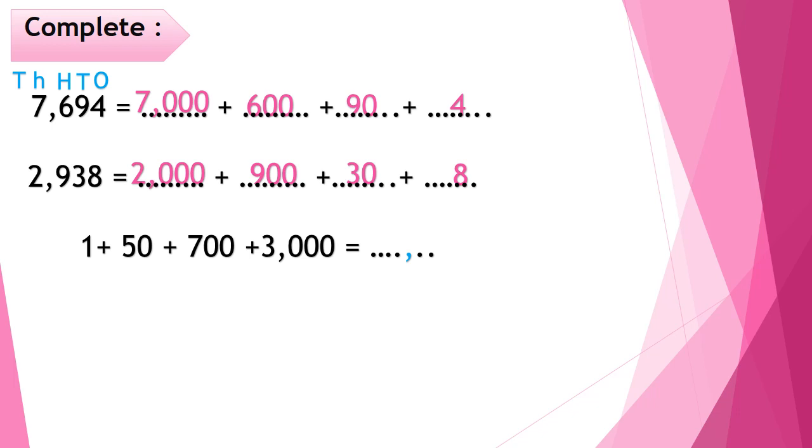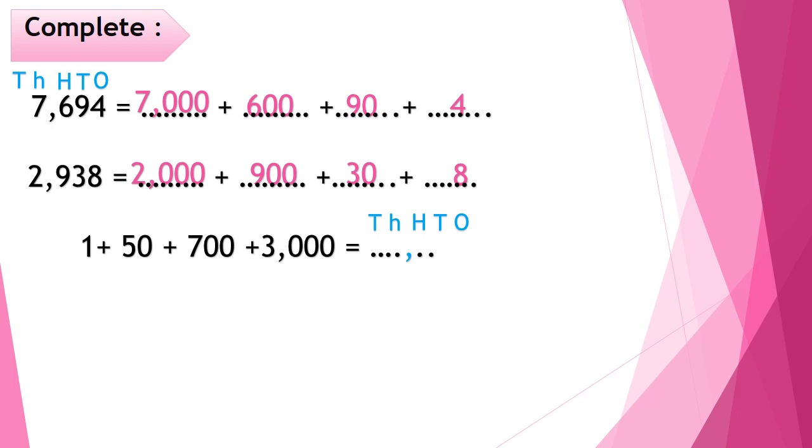Here I have the expanded form and I want you to find the standard form, the number in digits. Okay? First we must put the places: ones, tens, hundreds and thousands. After ones, tens, hundreds, we should put a comma, don't forget, okay?